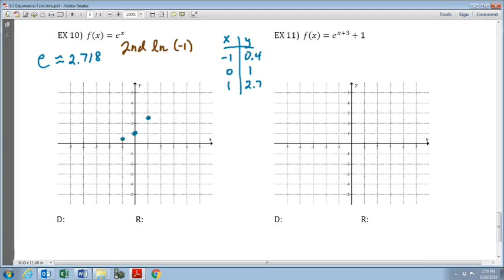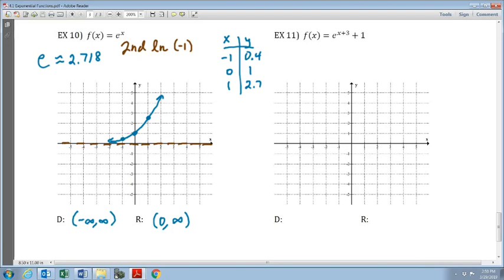Alright, so let's plot these points. Our asymptote's going to be right there, and let's go ahead and draw that. So domain is still all real numbers, and the range is 0 to infinity. And this isn't surprising at all. We've graphed 2 to the x power, we've graphed 3 to the x power, and isn't the base 2.7 in between those two? It looks quite close to what we've already graphed.